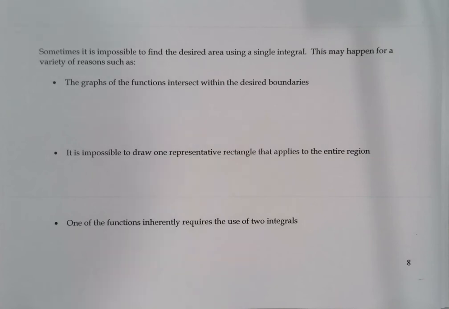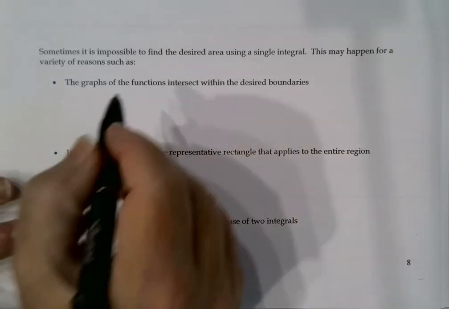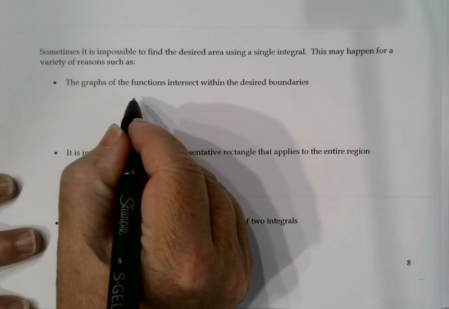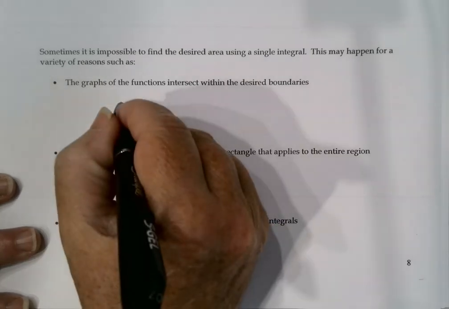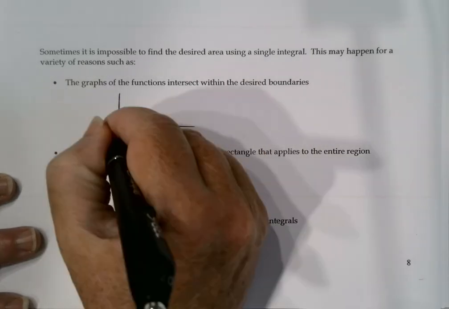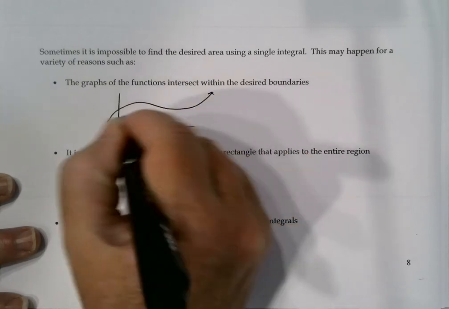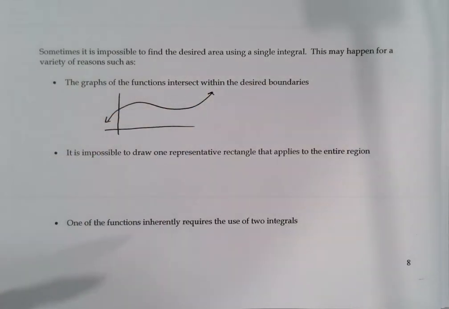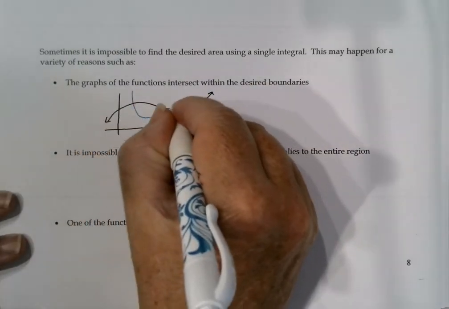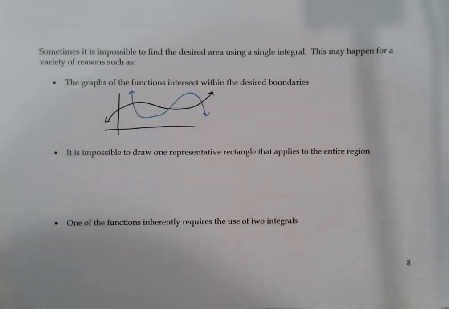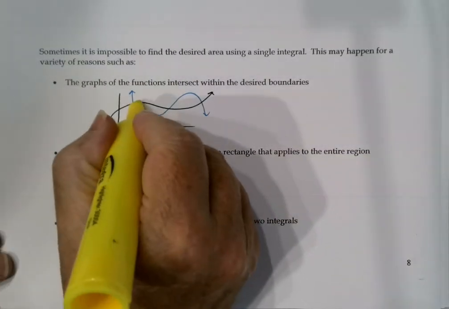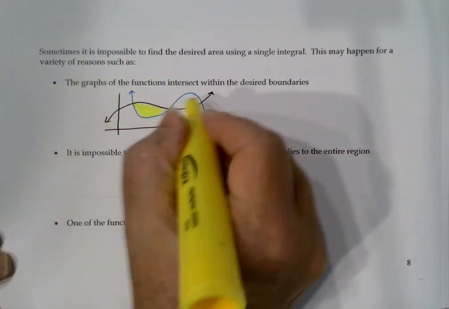There's a variety of reasons this might happen. Here are a few examples. One possibility is it's possible that the graphs of the functions intersect within our desired boundaries. So for example, if I had one function here and another one there, then I've actually enclosed two distinct regions.